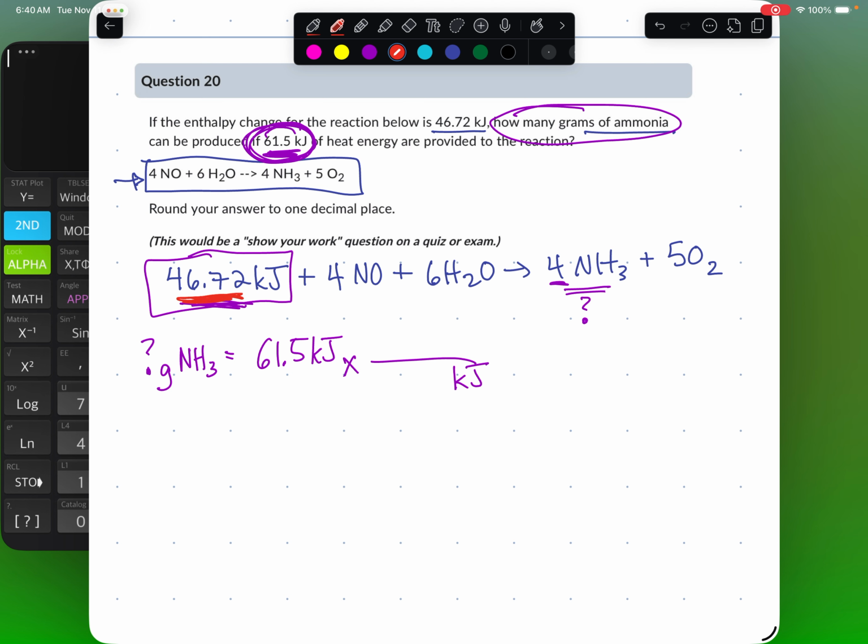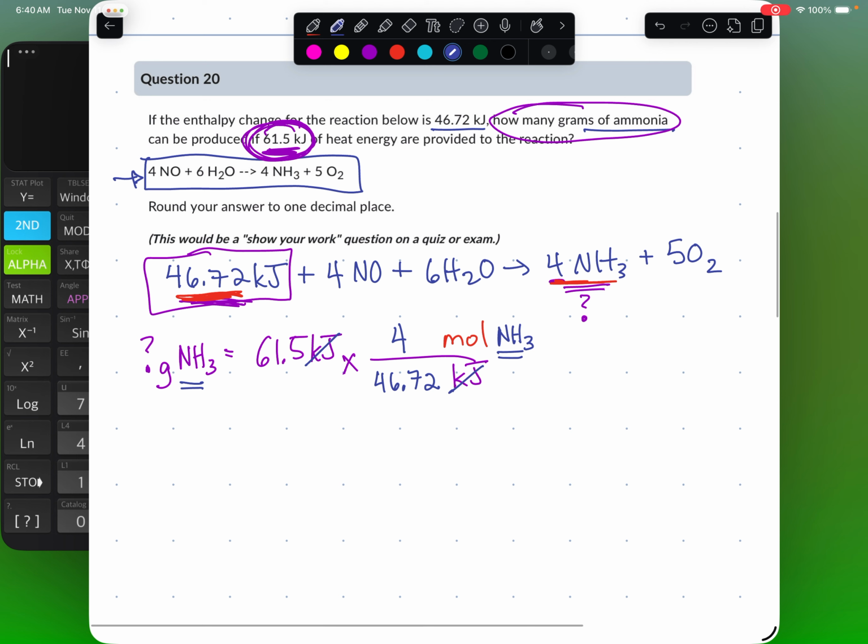So the equivalence is kilojoules to moles based on the stoichiometry of that reaction. And there are 46.72 kilojoules for every 4 moles of ammonia. I'm going to moles of ammonia because I want to find grams of ammonia. That way my kilojoules cancels.